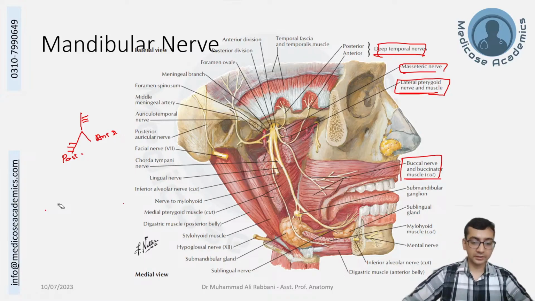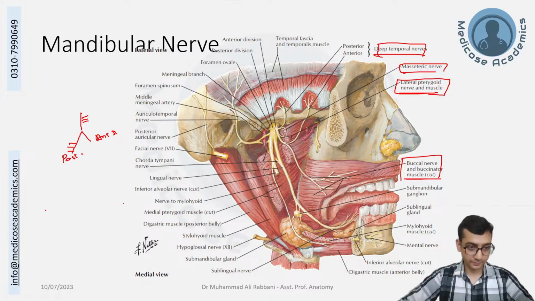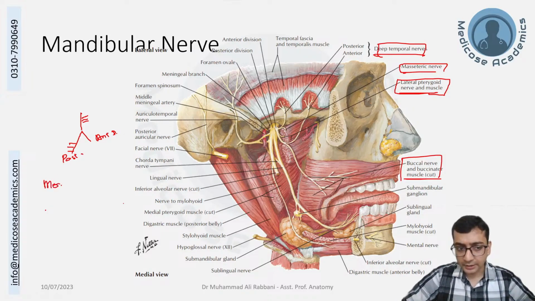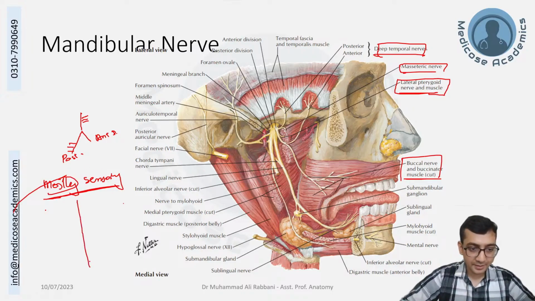Then we are left with the posterior division. If we said that the anterior division was mostly motor, we will say that the posterior division is mostly sensory. Again, the word mostly is there. It has three branches. You have read the names already.